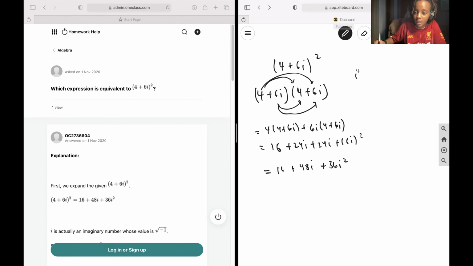And recall i is equal to the square root of negative 1. So i squared is equal to negative 1. And let's just put that in. 16 plus 48i minus 36. And that just becomes 48i minus 20. And that's our final answer.